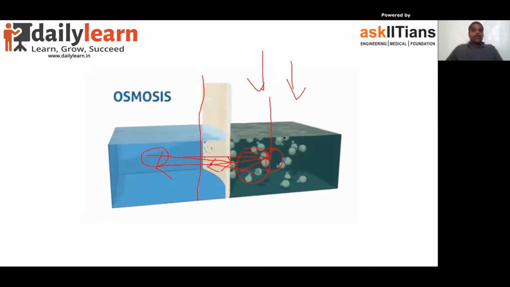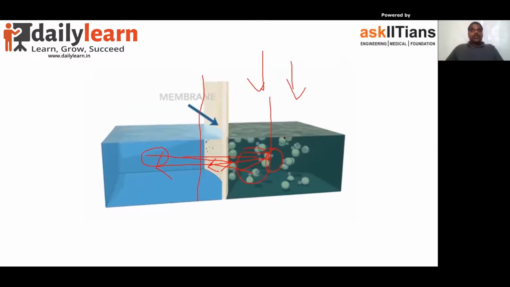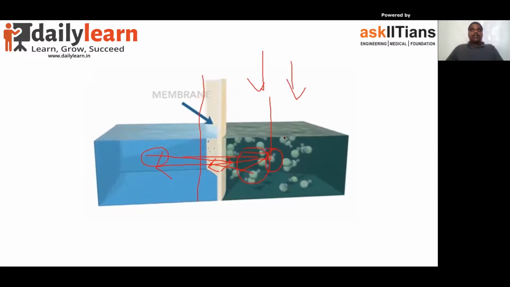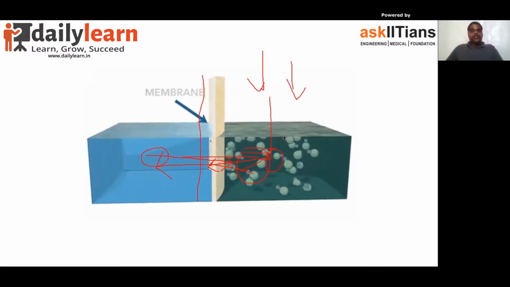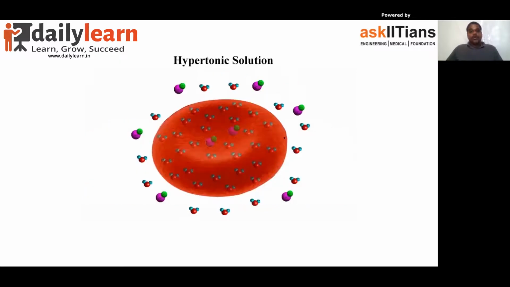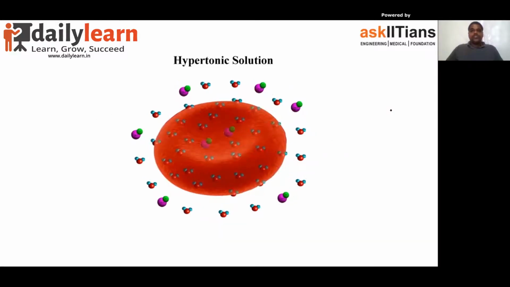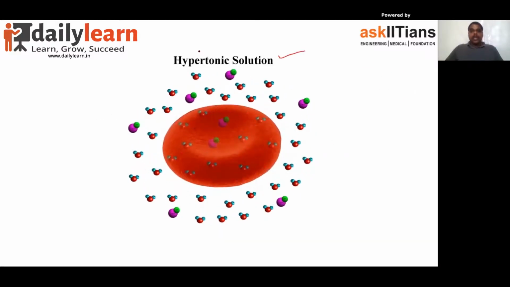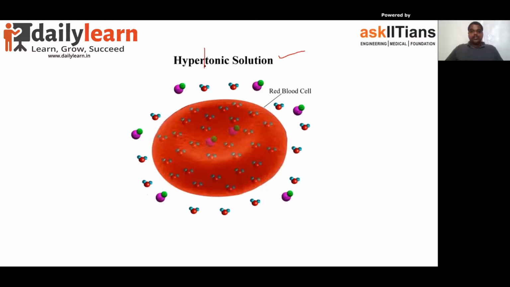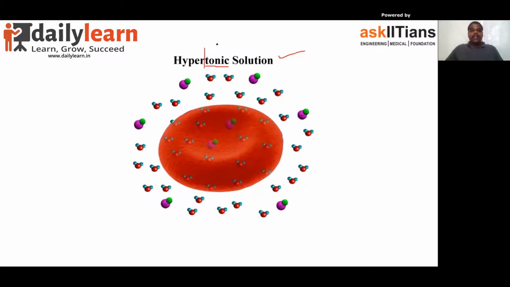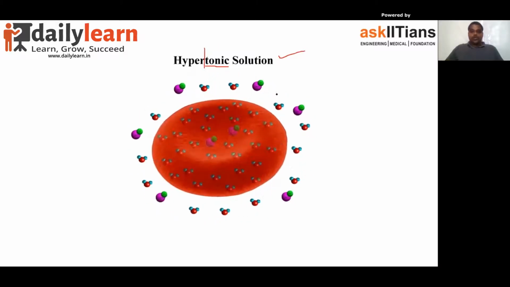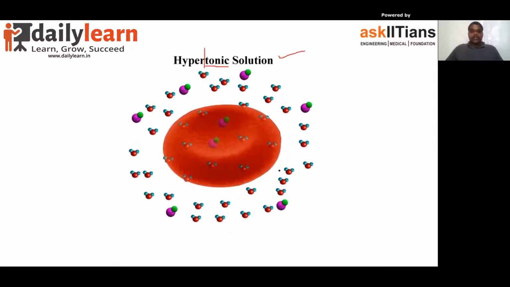When we talk about osmosis, there are certain theories discussed in your books: hypertonic solution, hypotonic solution and isotonic solution. First, we'll see what a hypertonic solution is. Hyper means high, tonic means solution, so a solution which has highly dissolved substances. This is the red blood cell, and this is a solution outside the cell.